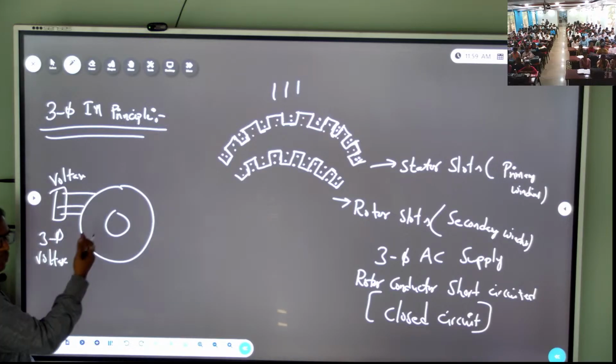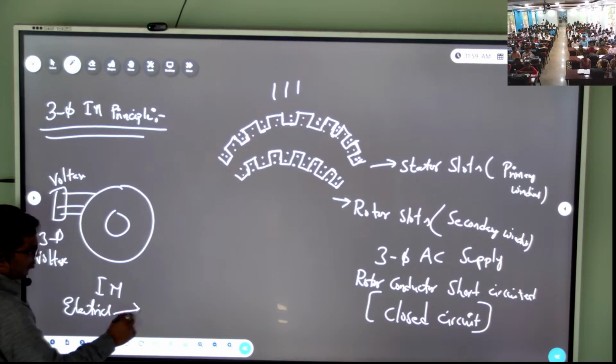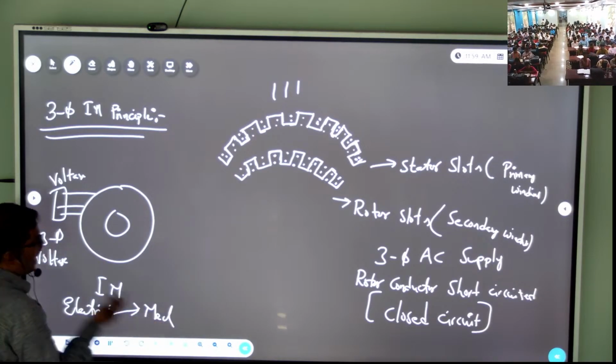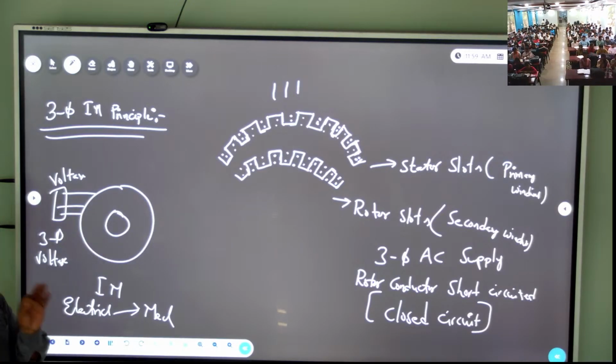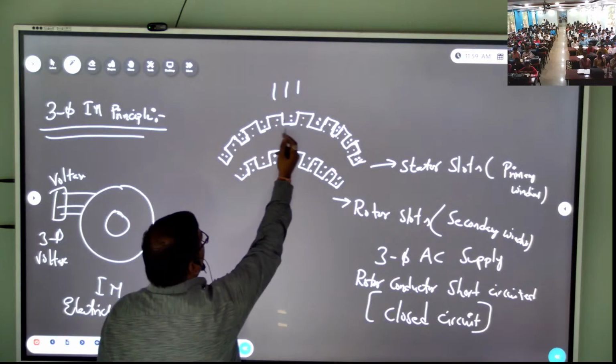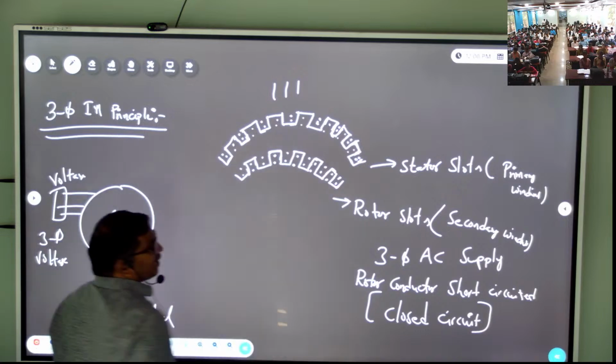Why? Because it is an induction motor, and a motor is nothing but electrical to mechanical, so I have to give the supply. Whenever I give the supply, a current I flows through the winding of the stator conductors. Current is available in all the conductors.